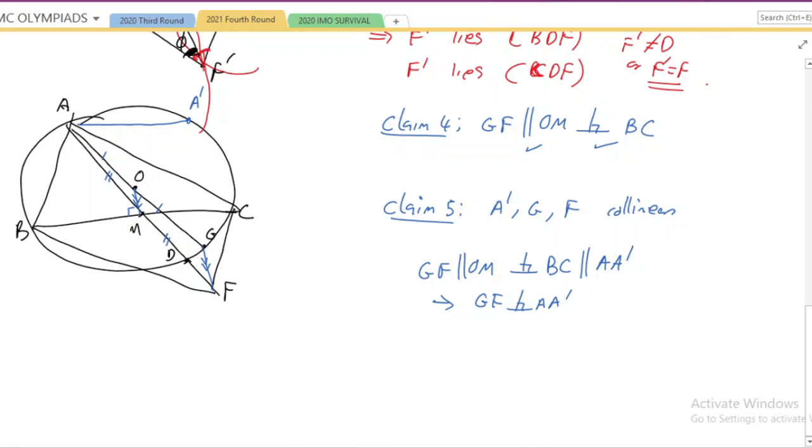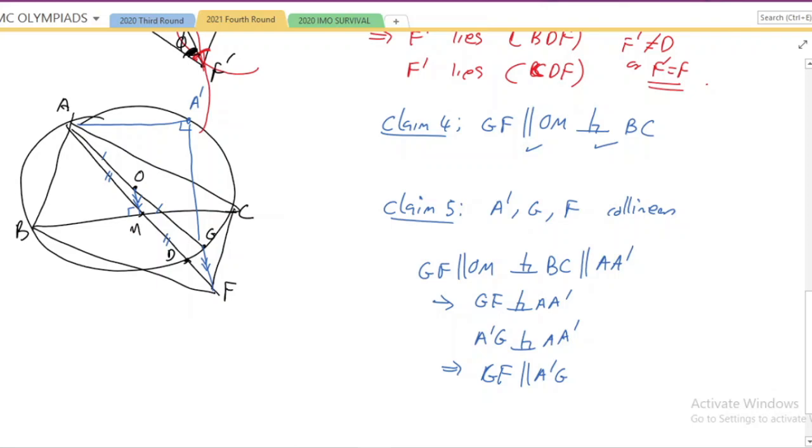Now, on the other hand, if we look at A prime G, you see that it's going to also be perpendicular to AA prime, and the reason for that is because AG is diameter, so the angle it subtends here will be right angle. So that means connecting this once again, we have that GF and A prime G must be parallel.